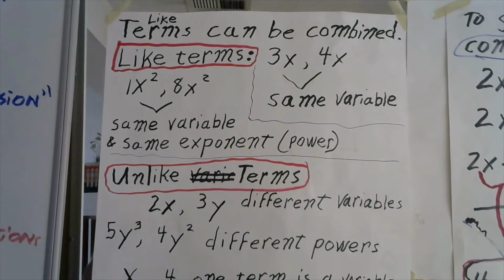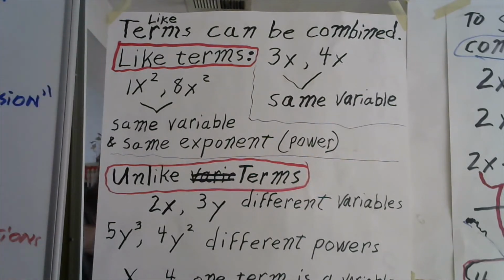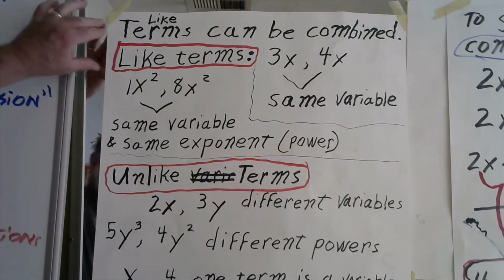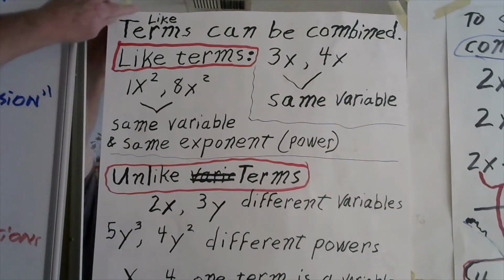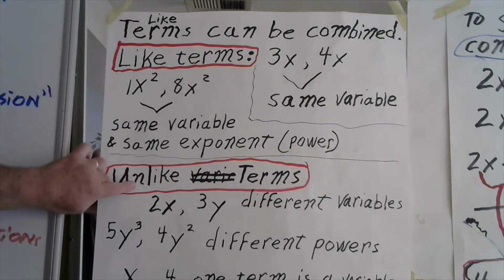There's an important thing to understand when you simplify equations or algebraic expressions: there are certain rules involved. One of the main things you need to understand is what are called like terms and unlike terms.